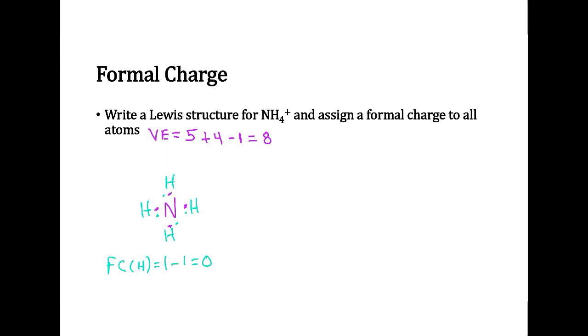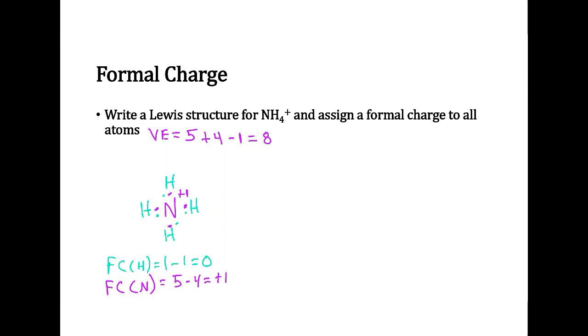Now for nitrogen, the Lewis symbol has 5 valence electrons, but here there are 4 bonding pairs, and remember we count the bonding pairs as 1 each, so we have 5 minus 4. The formal charge on nitrogen is actually plus 1, and we would write that over here by nitrogen.